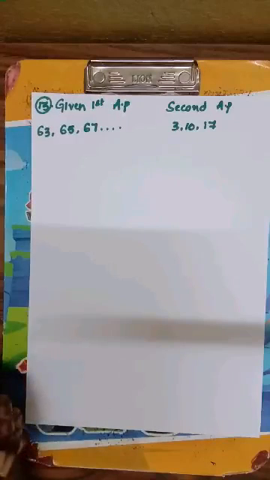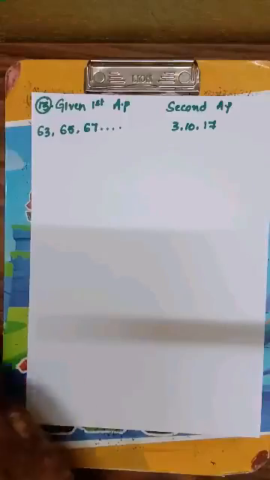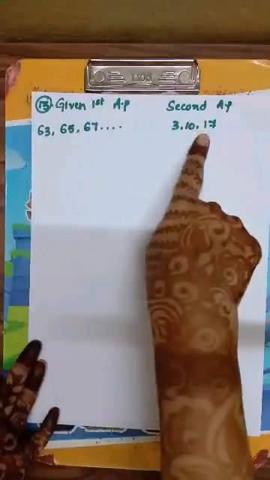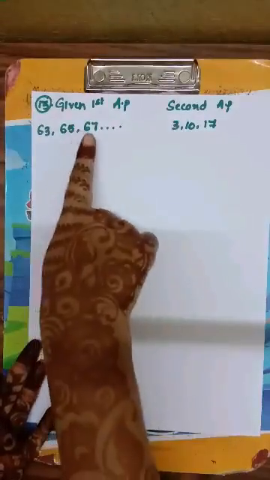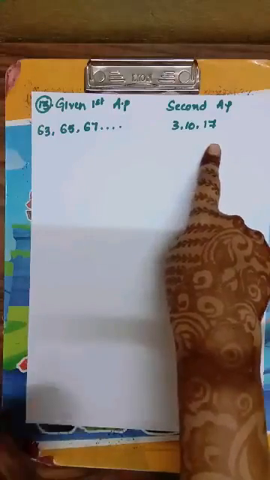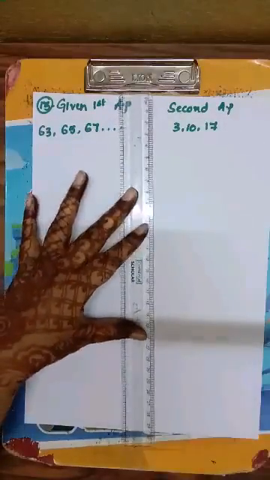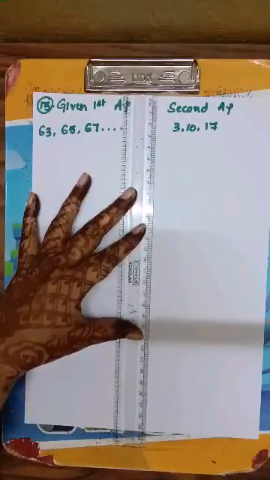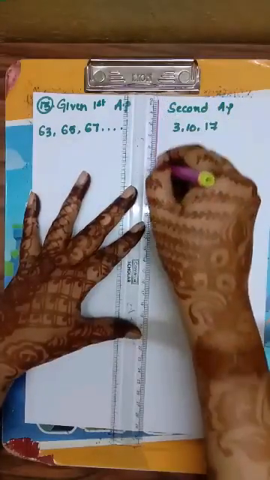For what value of n are the nth terms of two APs equal? That is, the nth term of this AP and the nth term of this AP will be equal for which value of n? So we have to find n.